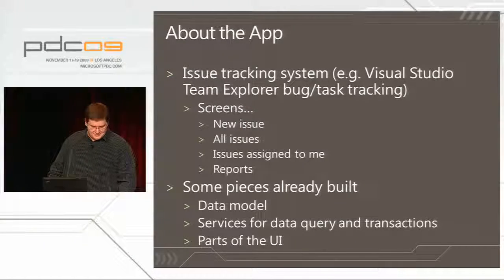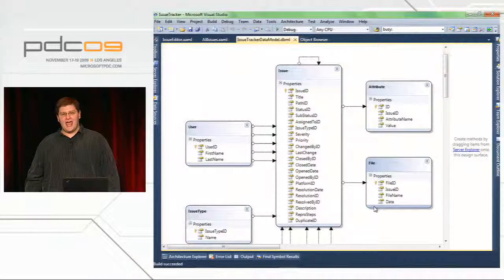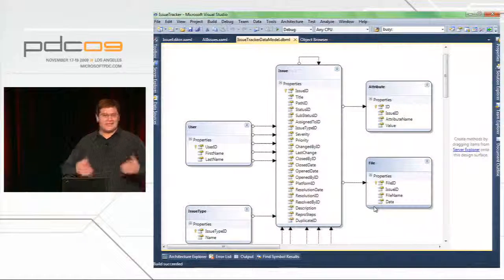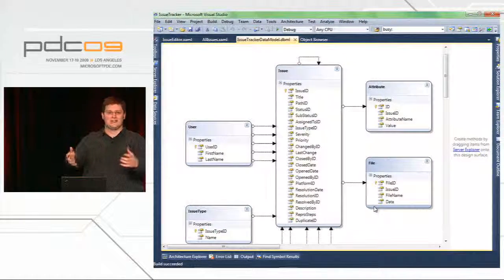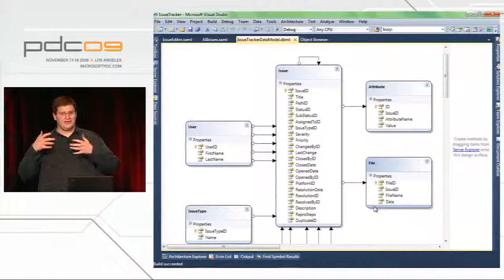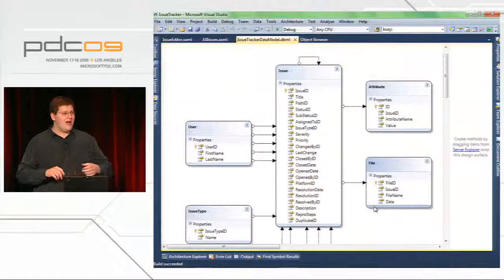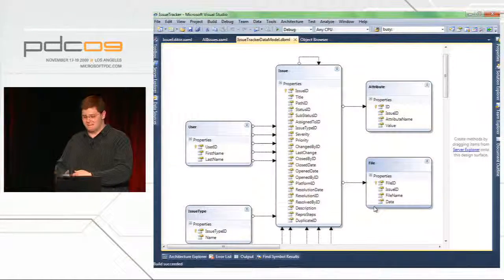So let's begin by taking a look at the type of data that we're going to work with in this application. It all starts with the issue in this case. So this is your bug in your database. Issues have an ID. They also have things like a title and priority, anything that you need in order to understand what that bug is about.